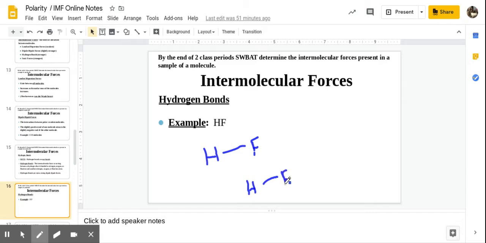If this was an HF bond, you would know that fluorine is obviously more negative than hydrogen, okay? So fluorine is going to be pulling more of the electrons towards it, and it's still slightly negative because if it was fully negative, then it would be an ionic bond, which we're going to get to in a minute. But you guys know this is a covalent bond because hydrogen and fluorine are both nonmetals. So this one's going to be positive.